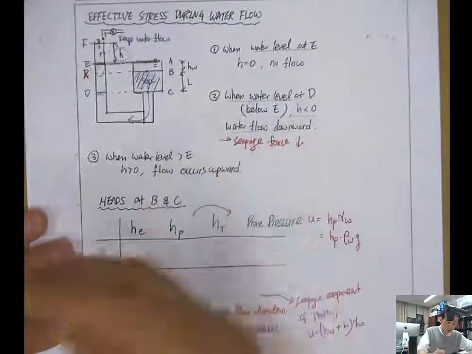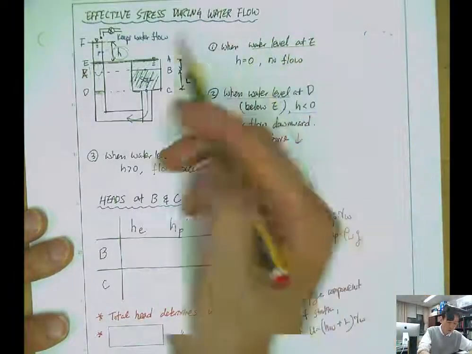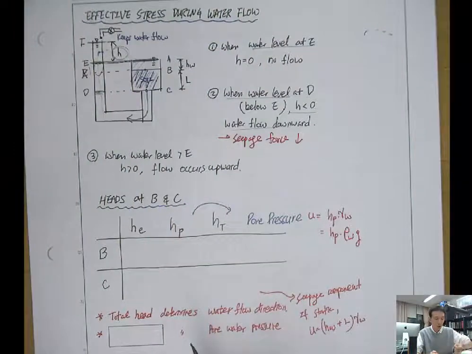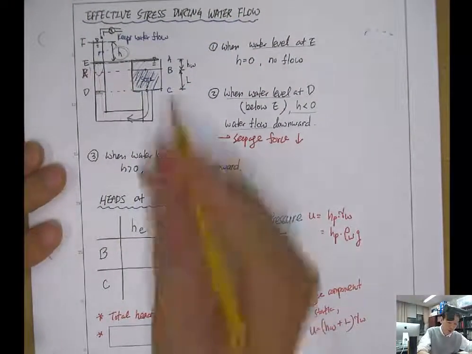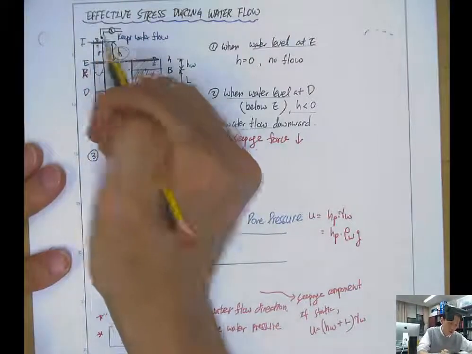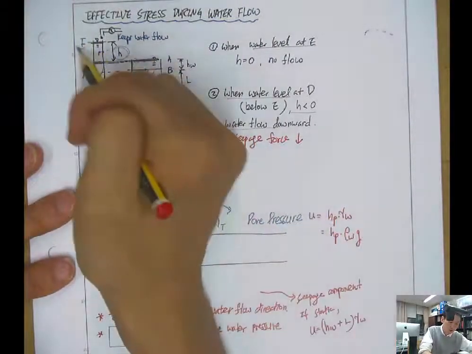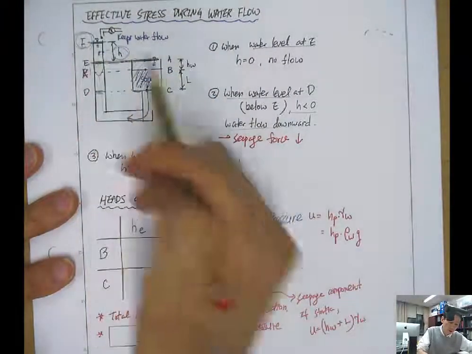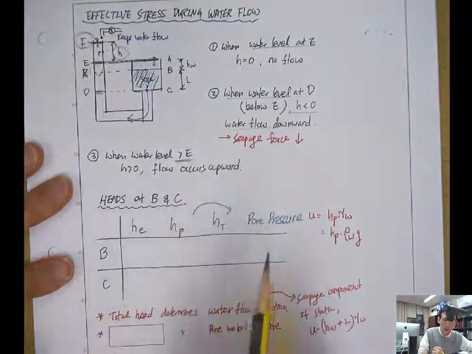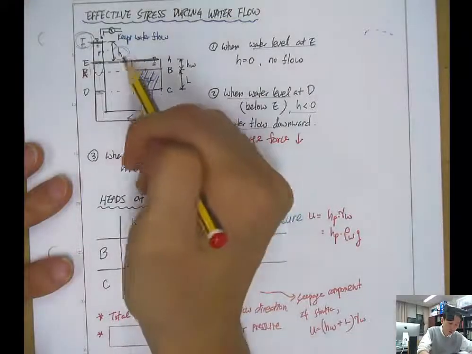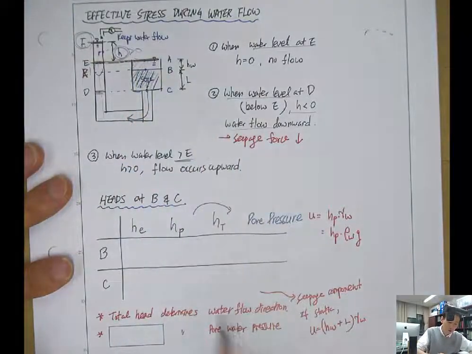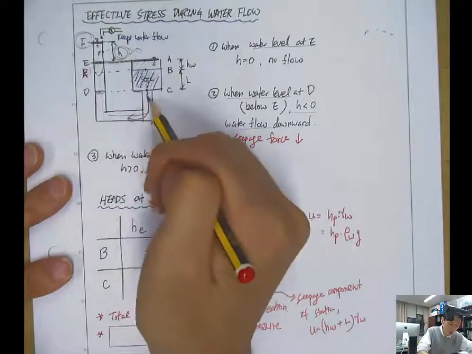The other case is when you bring up the pipe so that the water level becomes the level of H on F. Now the water level is higher than E, so H is positive, and the flow will occur in this direction.